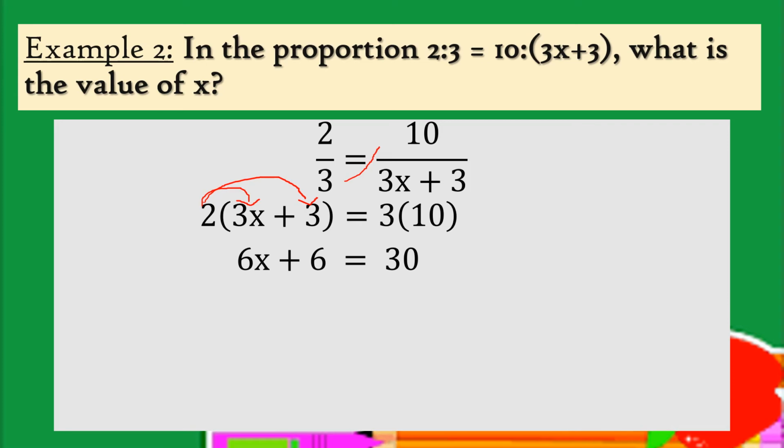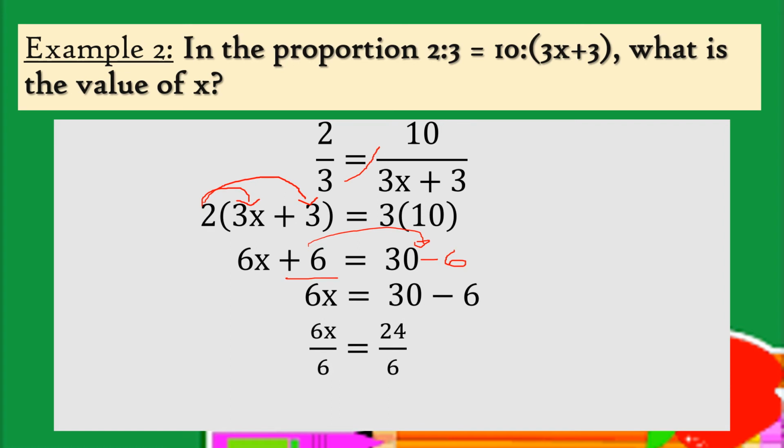We will subtract positive 6 to both sides of the equation. So, the positive 6 here will just be moved to the other side of the equation. But the explanation for that is we are subtracting 6 to both sides of the equation. So we have here 6x is equal to 30 minus 6.